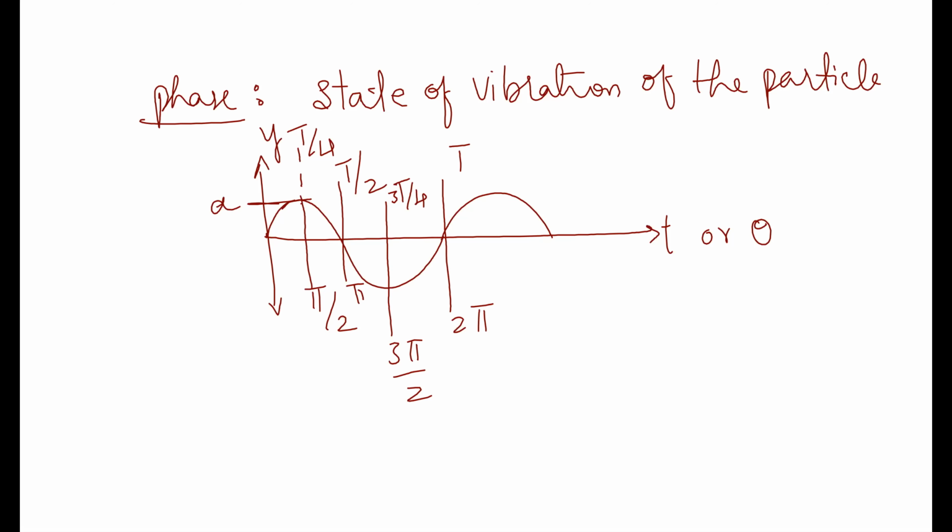Then what is the meaning of phase difference? Phase difference is always represented by delta phi. So it is a difference in the phases. How are we going to define this one?